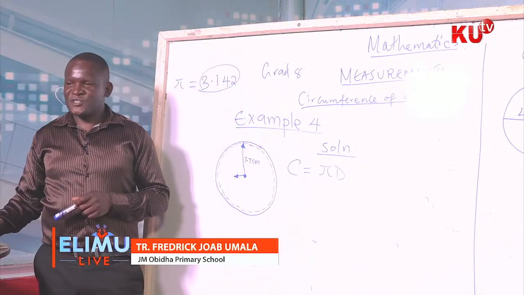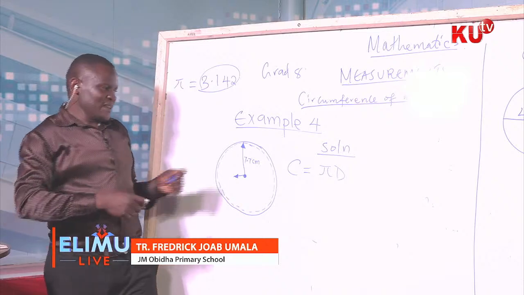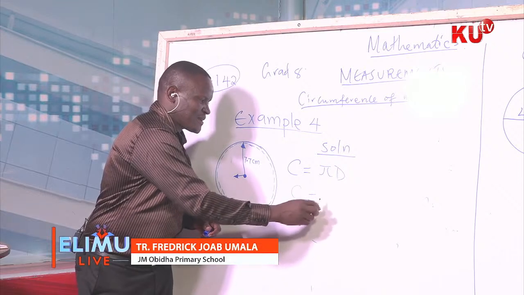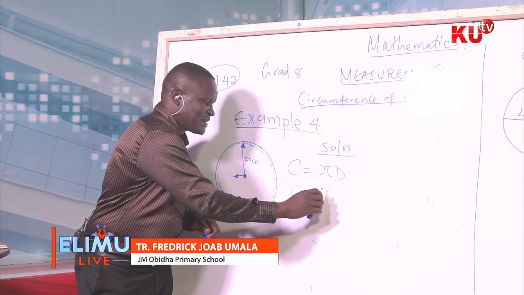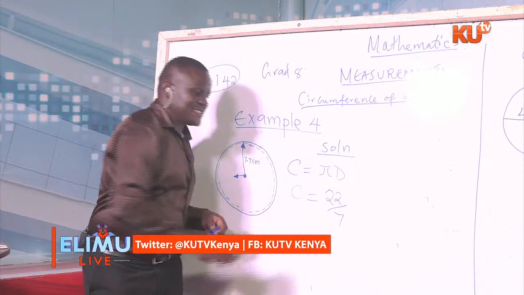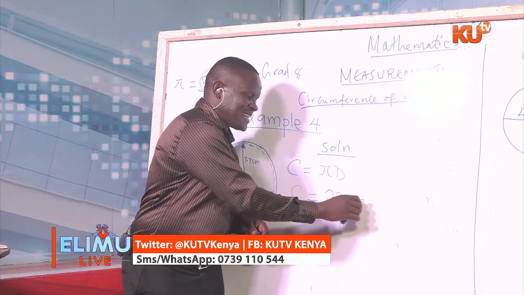Circumference is equal to pi d. So circumference, therefore, will be equal to 22 over 7 times diameter.